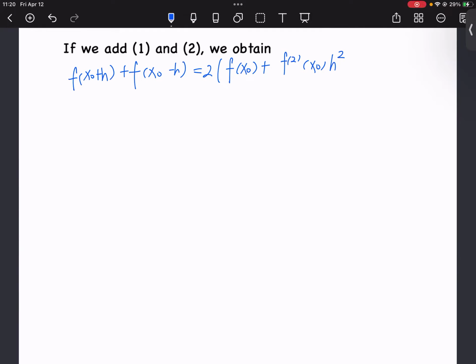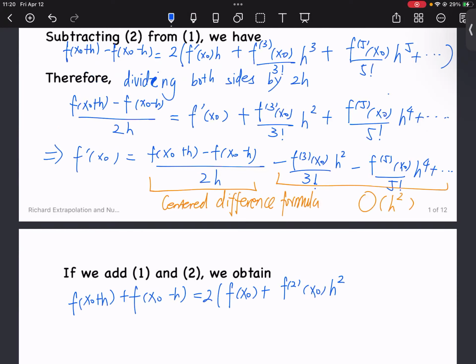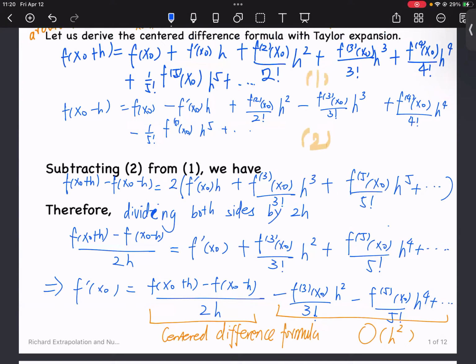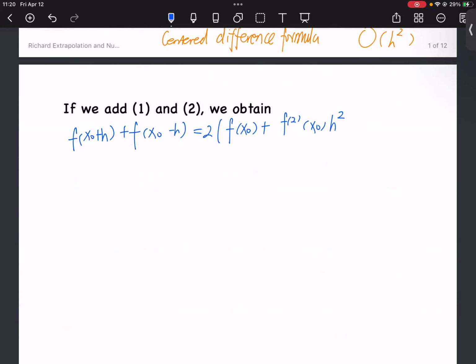Am I right here? I think we should have the 2 factorial here, and then we also have, so here this term should be the 4th derivative, and then 4 factorial h⁴, and then here I got 6.